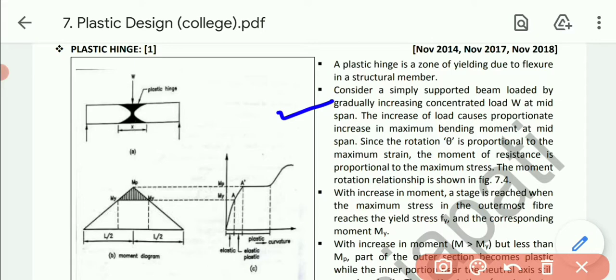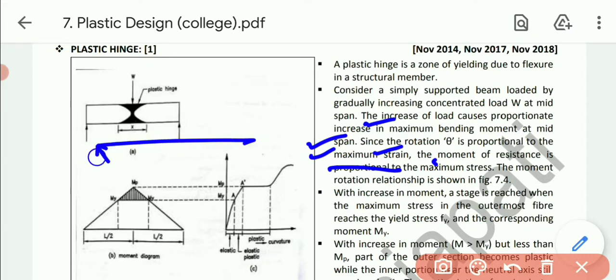So plastic hinge, in simple words, is also known as a zone of yielding. Then second, consider a simply supported beam loaded by a gradually increasing concentrated load W at the midspan. Then the increase of the load causes a proportionate increase in the maximum bending moment at the midspan. Since the rotation is proportional to the maximum strain, the moment of resistance is proportional to the maximum stress.